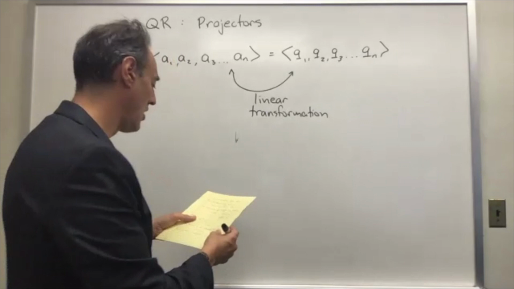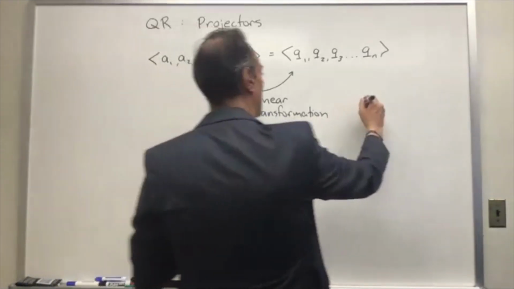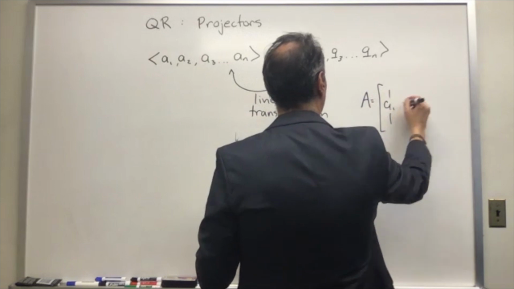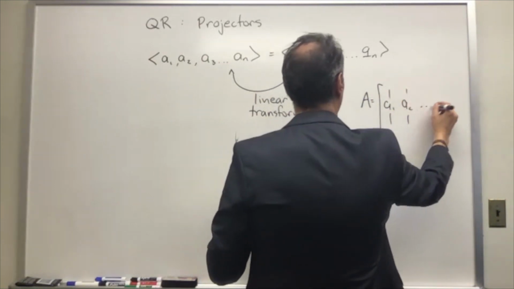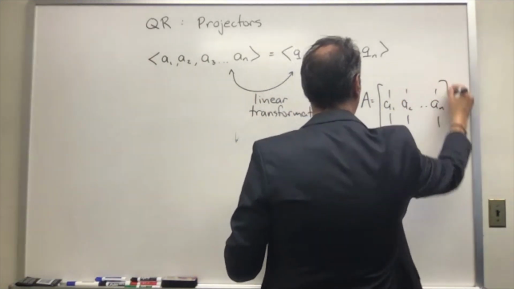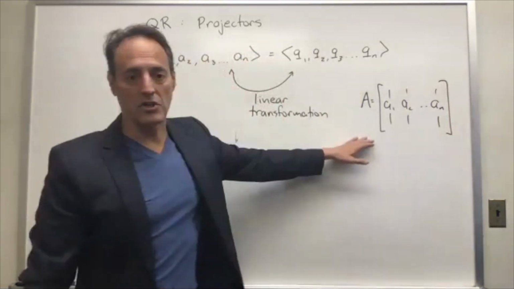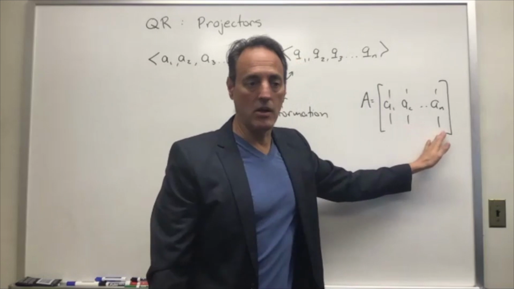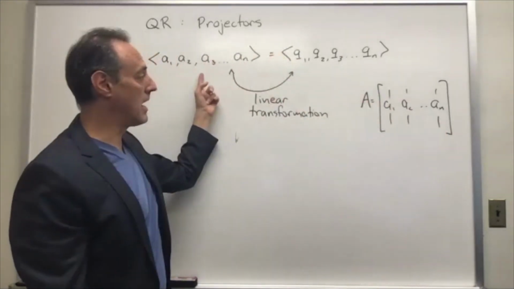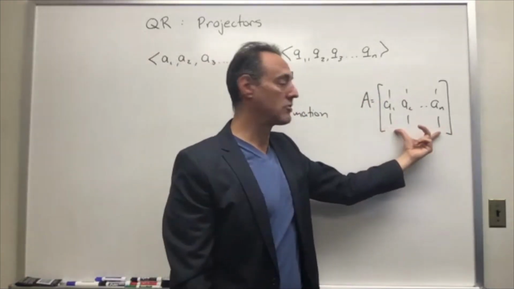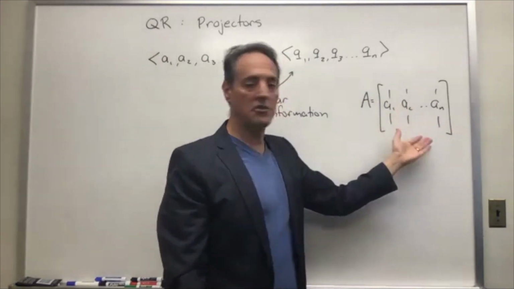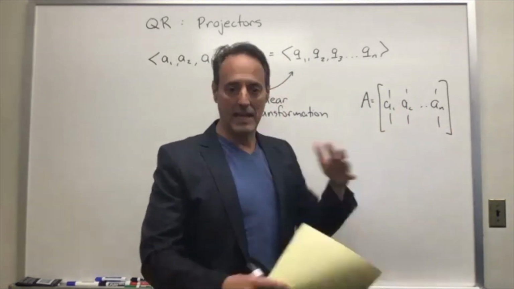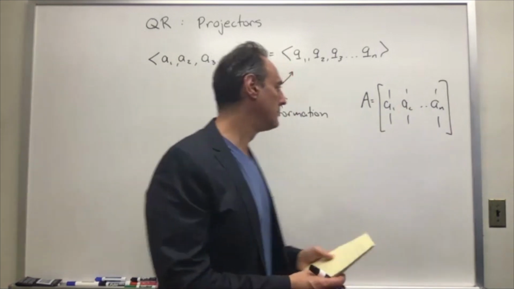In other words, we're going to take the matrix A, so that's what we're going to start with. The columns of A are these n vectors I'm talking about. And what we're assuming is that this is full rank. In other words, it's not degenerate. Two of these columns aren't in the same direction. These are linearly independent directions.